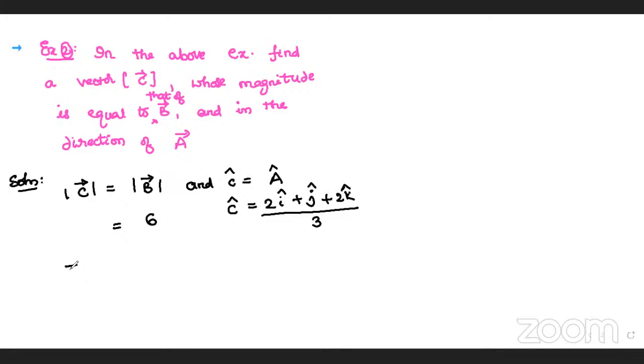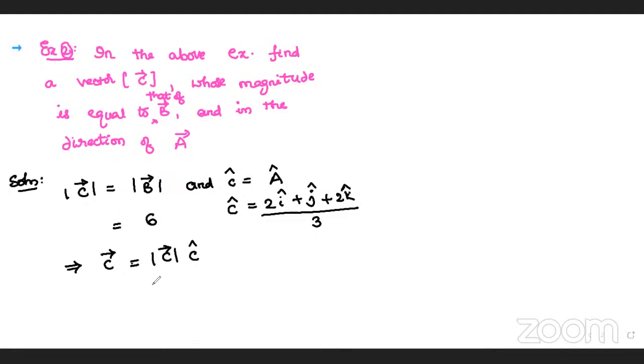So how to write a vector? We already discussed in the class that a vector can be written as the multiplication of its magnitude and its unit vector. Okay, C bar equals mod C bar times C cap.